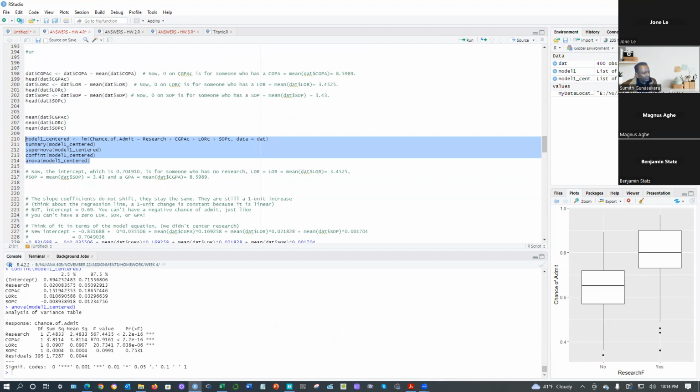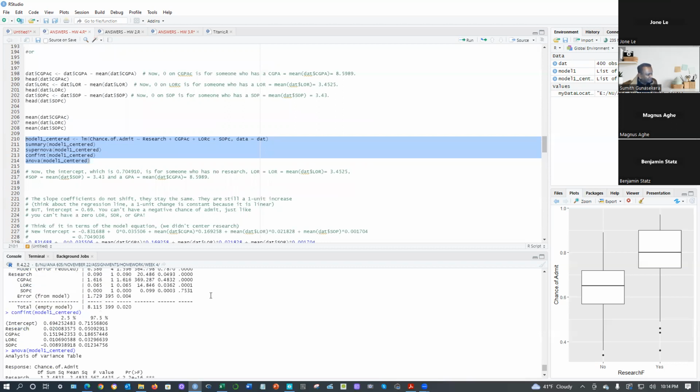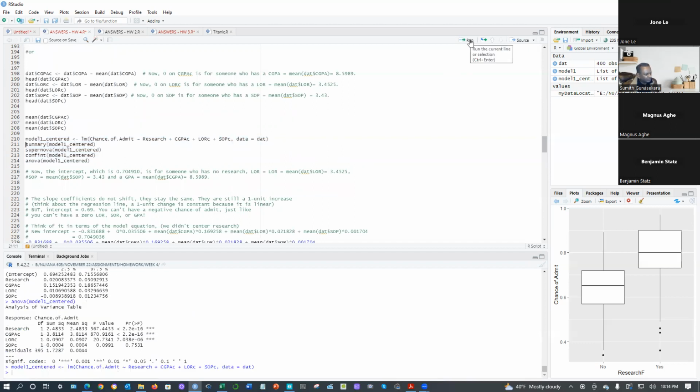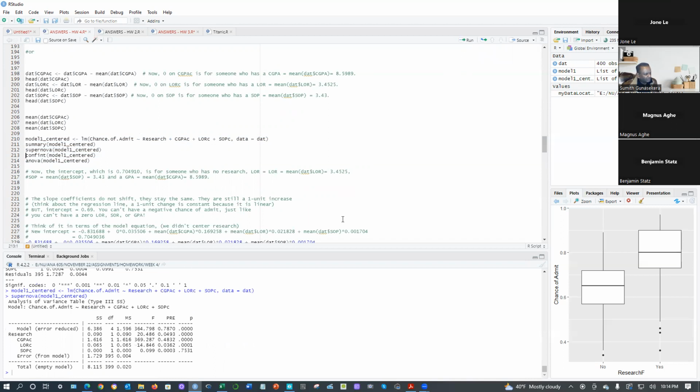So now the intercept, which is 0.790, is that 0.790? Yes, that's right.